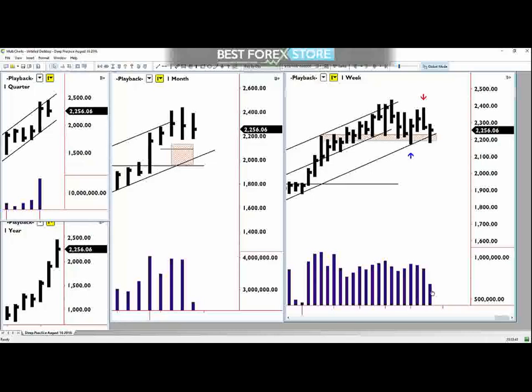So you have to cover the short, and the correct play here is to go long again. And now let's see if this market will go. What's the monthly telling us on this chart, by the way?